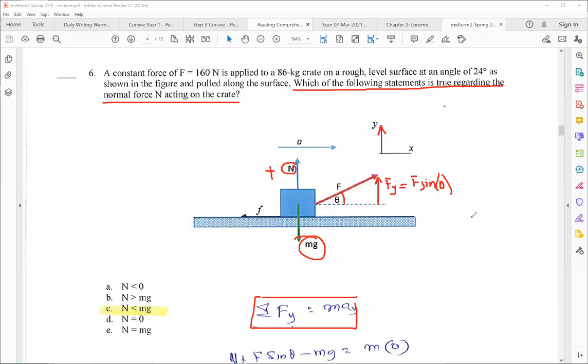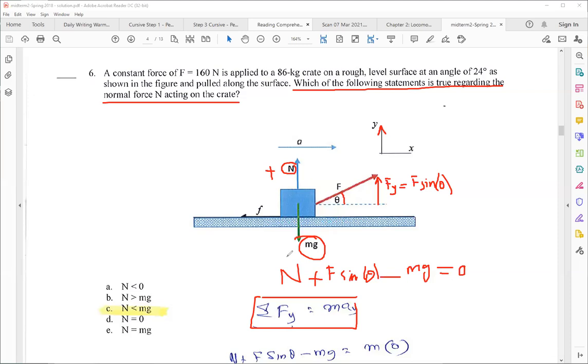So that means I'll have normal plus force F sine theta minus mg equals to, is the object accelerating along y? The object is not accelerating along y. Do we all agree? So it is equal to mass times zero acceleration. So that means zero.